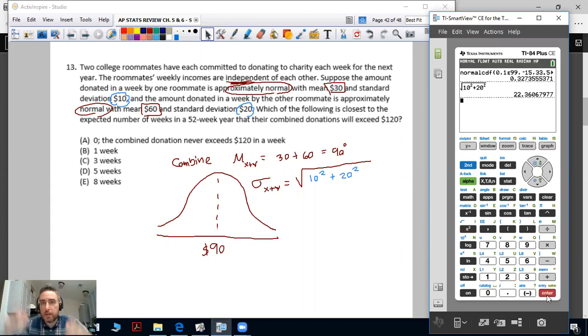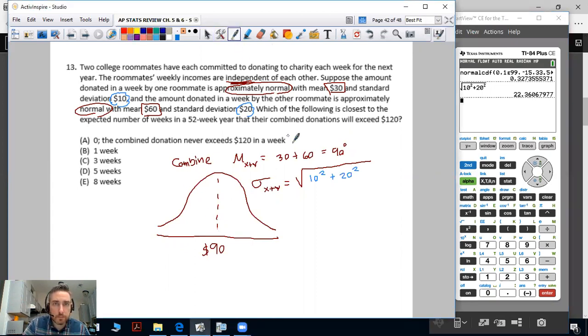So the combined standard deviation is about 22.36. So this is a normal curve, centered around 90, with the standard deviation about 22.36. I wrote 8, but it's 6. So now let's answer the question.